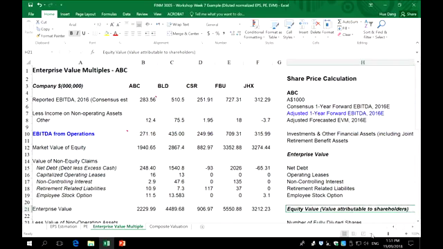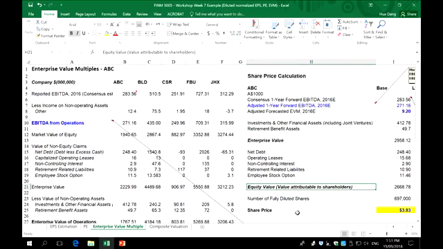In the next spreadsheet, we have an example of the enterprise value multiple based on EBITDA. So with ABC and its comparable firms, here I have a shorter list of comparable firms. I suppose they are more relevant for me to understand the enterprise value multiple of ABC.